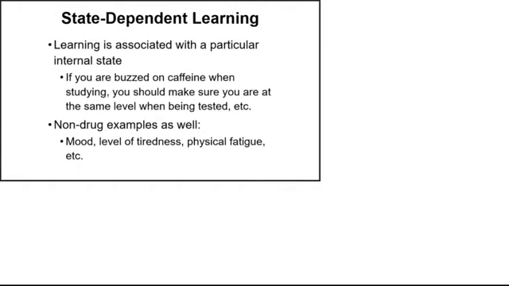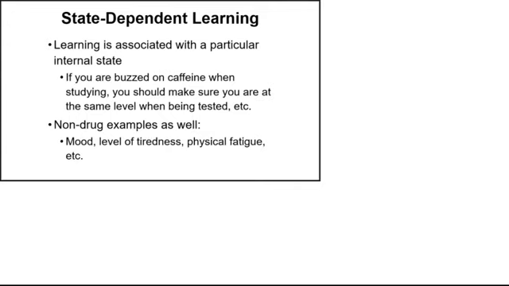All right, our next concept is saying, okay, so instead of our external environment, what about our internal environment? And this is state-dependent learning. And so here we're talking about your internal state. So we're saying that what you learn isn't just associated with the external environment, it's associated with what's going on inside your body as well.